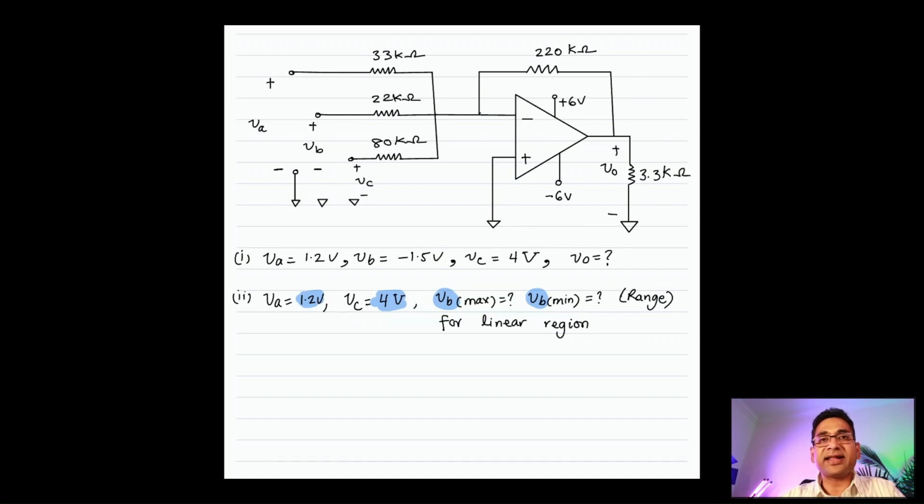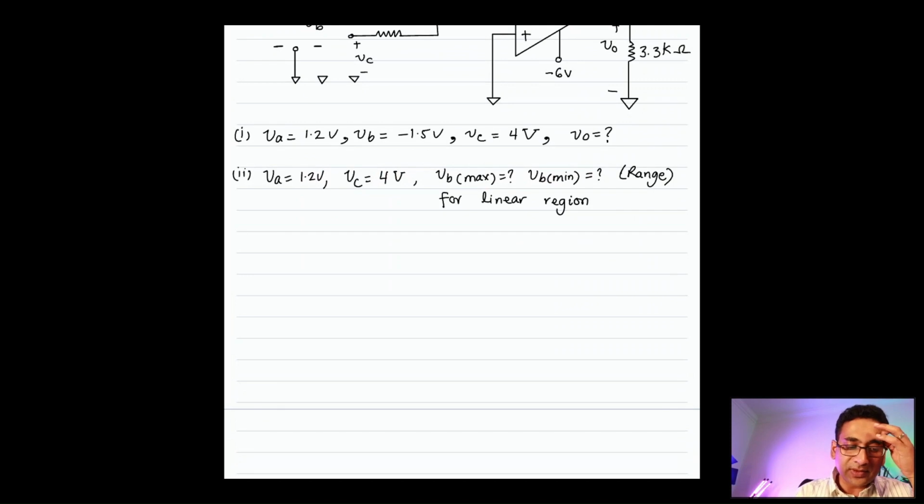And you are asked to find the range, meaning VB maximum, VB minimum, such that the op-amp does not saturate. We want to make sure that the op-amp does not saturate. So let's look at those problems. So the solution is here.